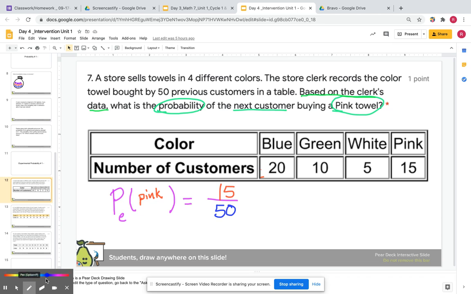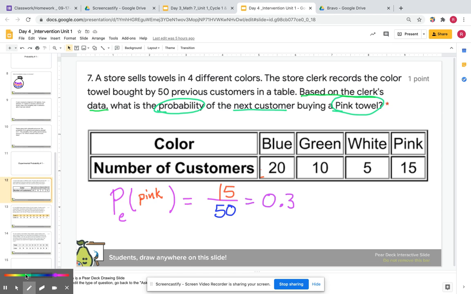Now convert this fraction to a decimal. I hope you were able to convert it, and the answer is 0.3.